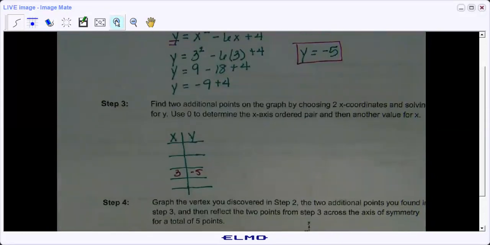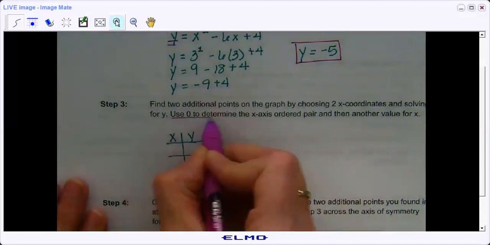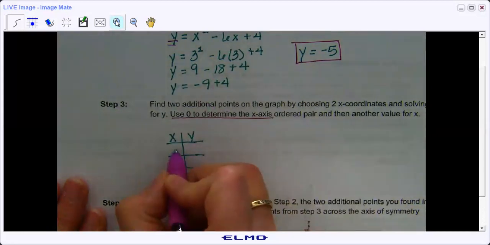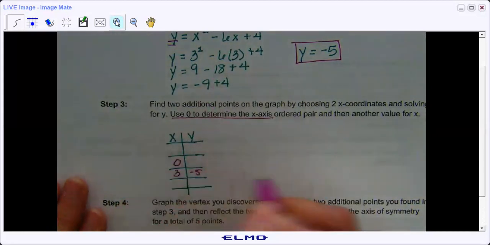Okay, now it says to choose 2 additional points. I'm going to choose 4 additional points. You can choose whatever you want. It does say use 0, so I am going to choose 0 right here.